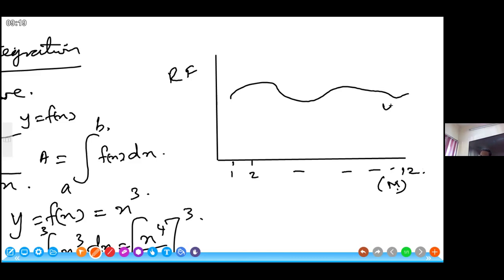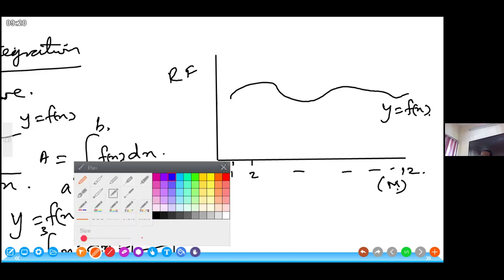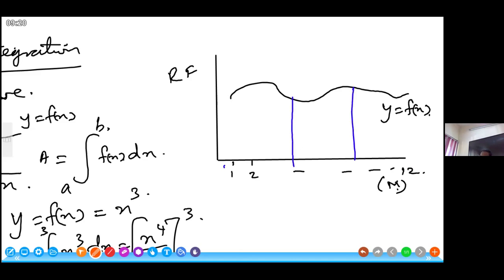It has been given as a function. We don't know the graph. Now let's say I want to find out the total amount of rainfall between a particular month, let's say 4 to 6, right?